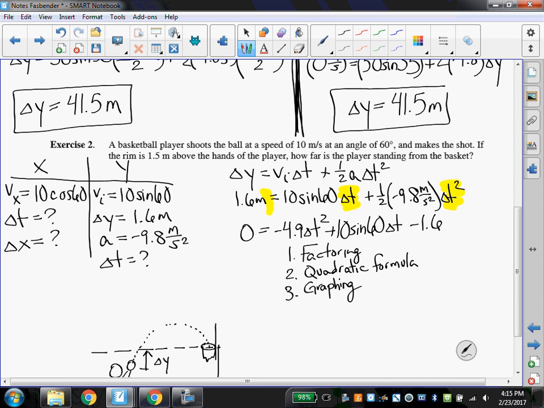Factoring does not work very well because factoring requires very pretty numbers in order to work. And do we have very pretty numbers here? No way. We never have pretty numbers in physics class. So we're really stuck with using either the quadratic formula or graphing in order to solve a quadratic equation.